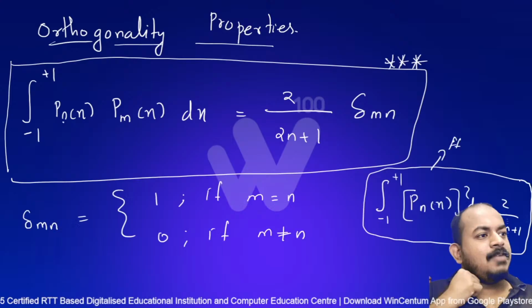And suppose if m is not equal to n, we will get the integral from -1 to +1.